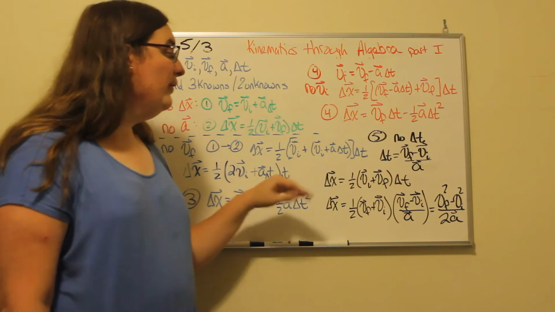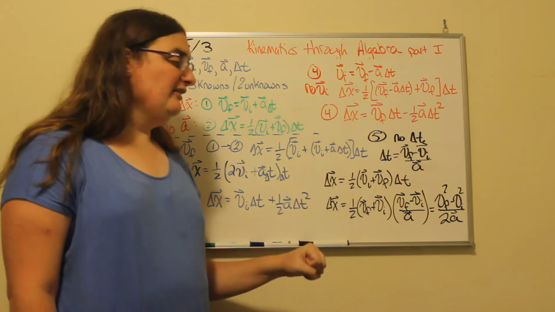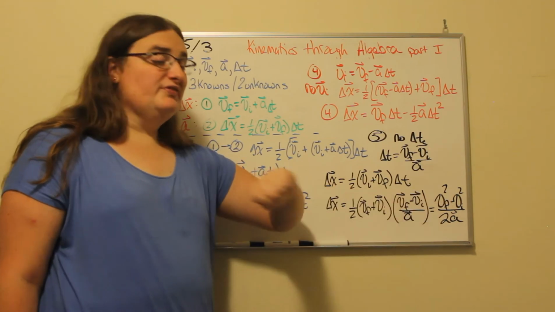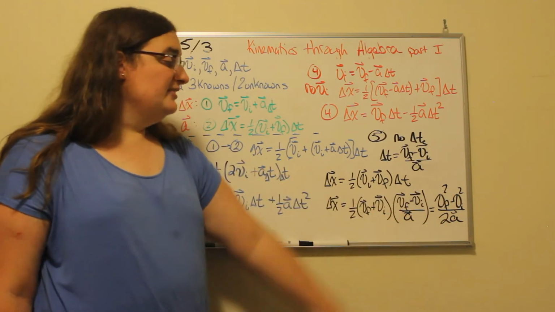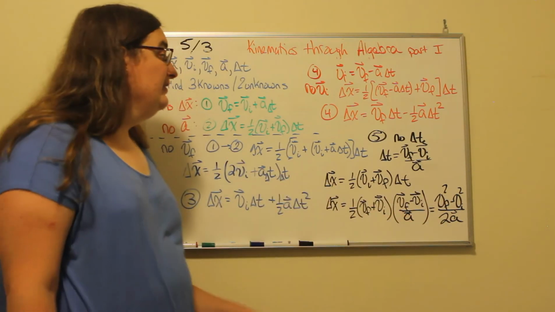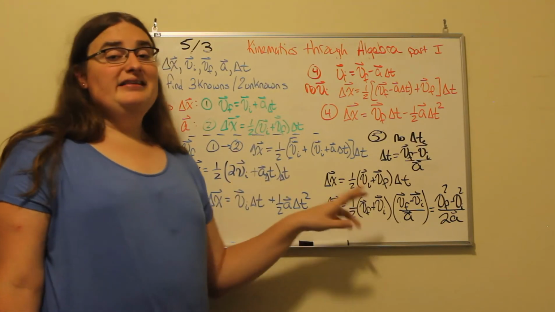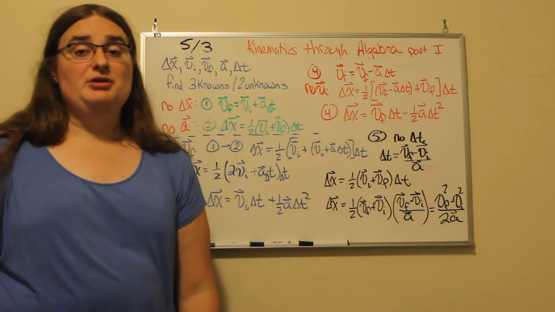So if I don't know anything about time, without time, my displacement is v final squared minus v initial squared divided by 2 times the acceleration. And again, this just represents 5 ways that I can write the equation of motion.